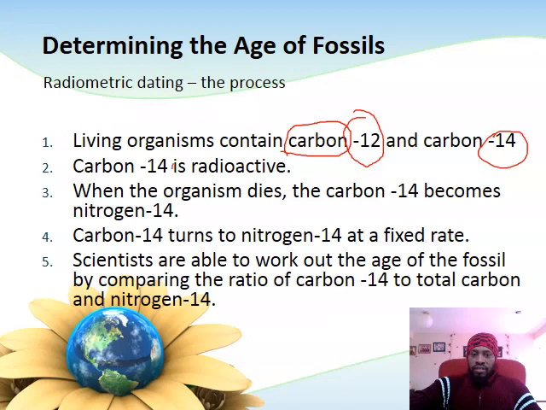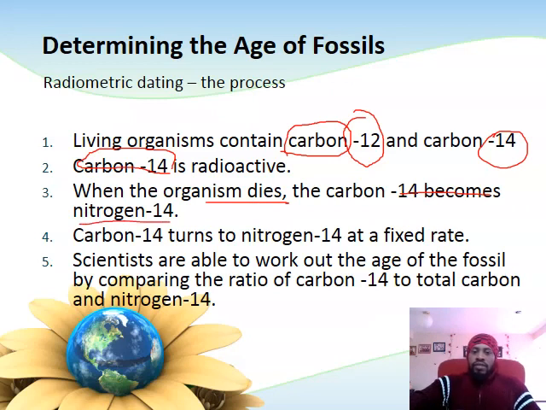Carbon-14 is radioactive. It means that it is unstable and would always want to disintegrate and give off packets of energy, and the mass will keep on reducing. But when it reduces, it forms something new. When an organism dies, the carbon-14 will start disintegrating and converting itself from carbon to nitrogen-14.